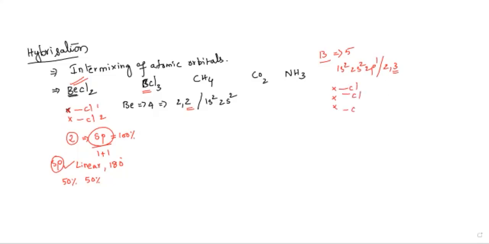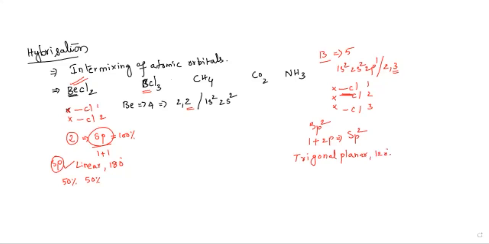So we have a total of 3 hybrid orbitals. So 1, 2, 3. So hybridization is sp2. So 1 s orbital and 2 p orbitals, so finally we get 3 hybrid orbitals. So the hybridization of B in BCl3 is sp2. If it is sp2 hybridization, the shape will be trigonal planar, and the bond angle will be 120 degrees.